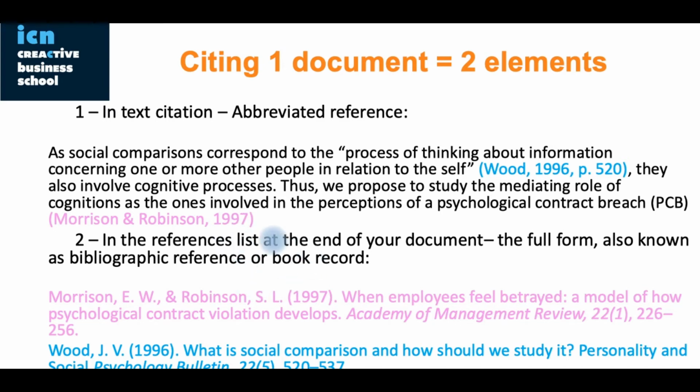If you now look at the bottom of your document, you have the extended form of that same citation, which contains all the information that is needed to form a reference.